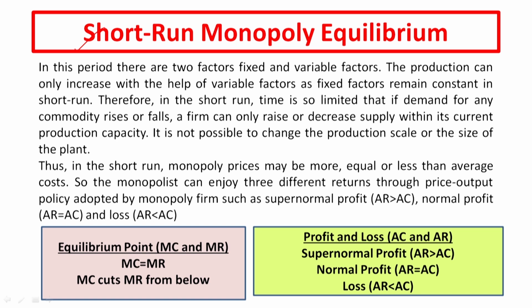You can increase the supply only up to some limit by changing the variable factors. So, the possibility of earning three returns exists in short run, that is supernormal profit, normal profit and loss. And for the equilibrium condition, this needs to be satisfied.